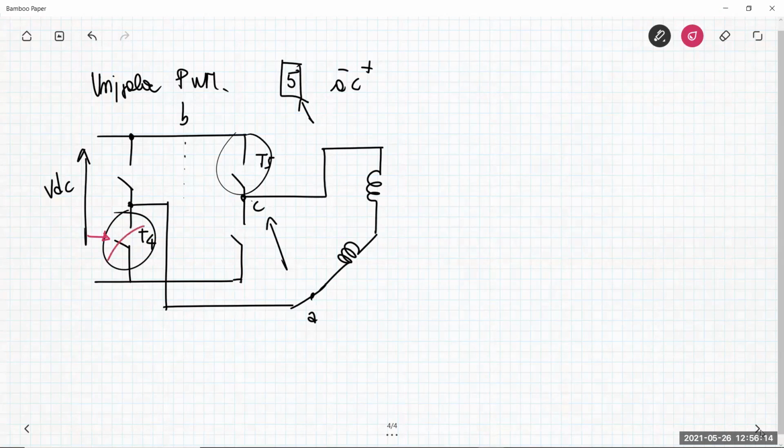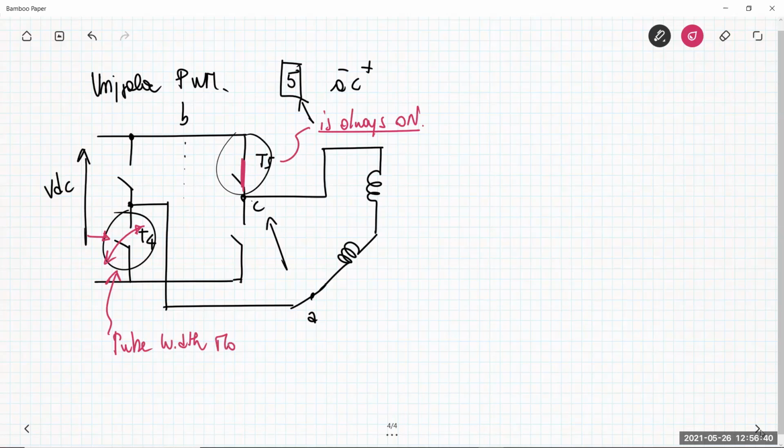So it's T4 that goes on and off following a pulse width modulation pattern, depending on the duty cycle, etc. T5 is always closed, so always on, of course. And this is pulse width modulated.